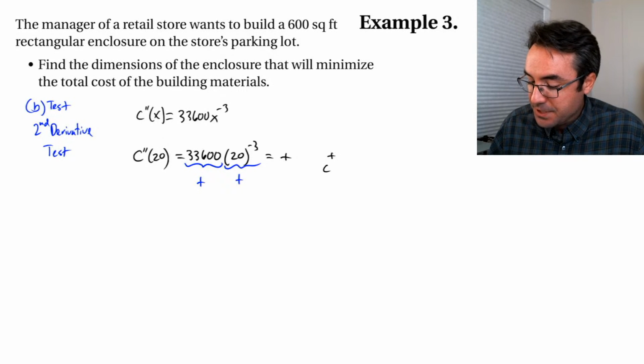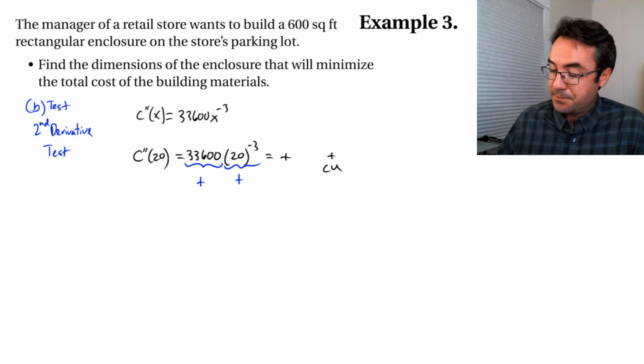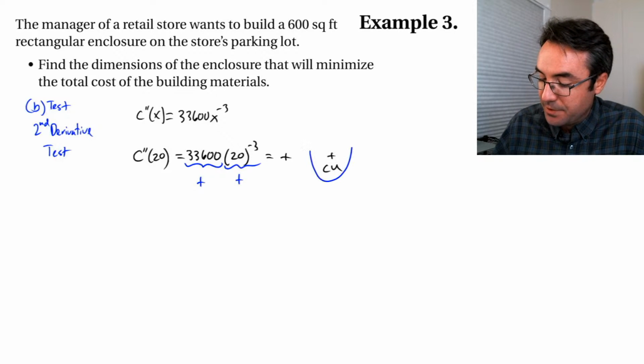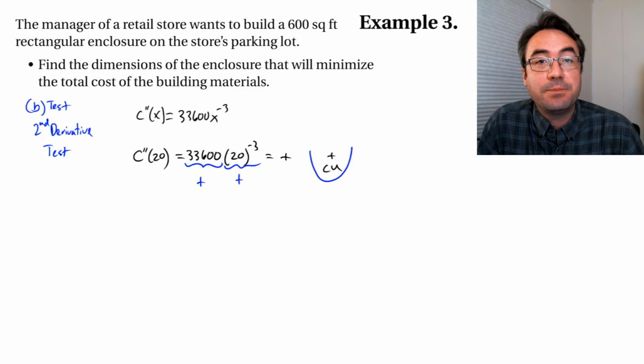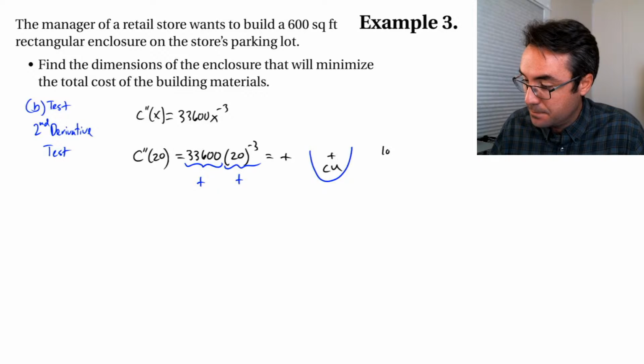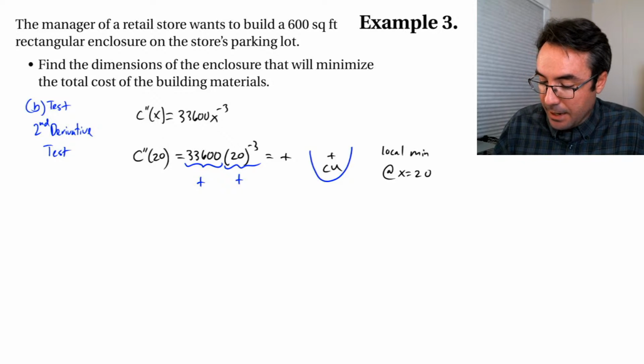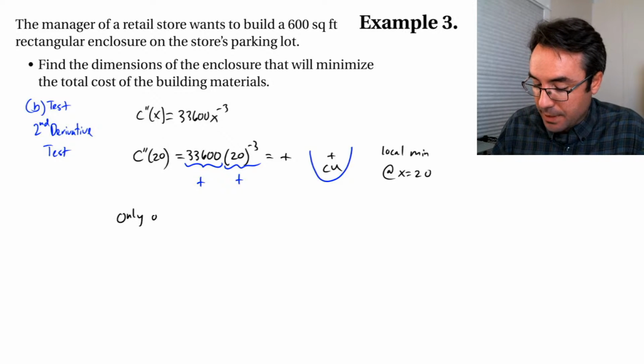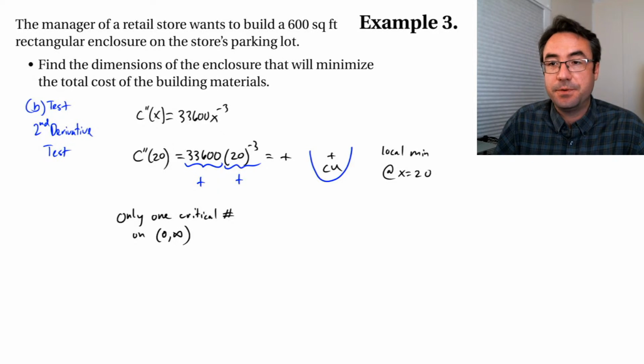So positive for second derivative means concave up. So to help remember what the second derivative test says, let's draw in our concave up shape. And we see that we have a local min at this critical number. Now, there was only one critical number on our domain, which was the interval from 0 to infinity.